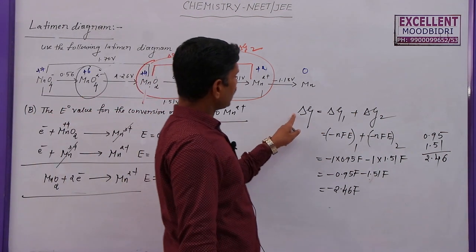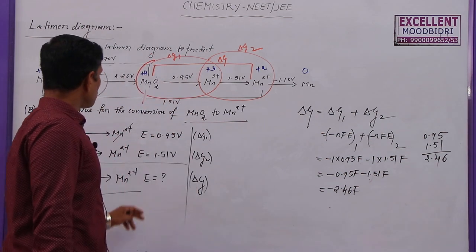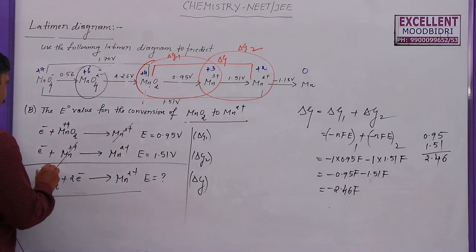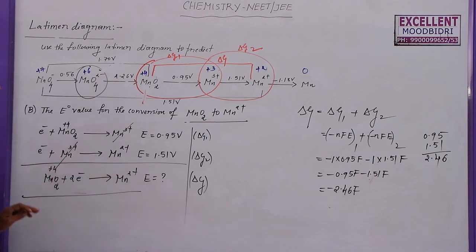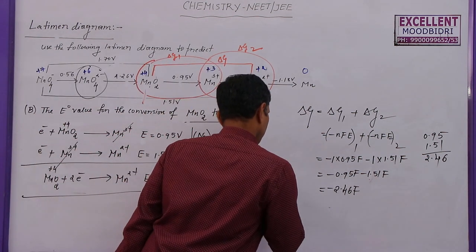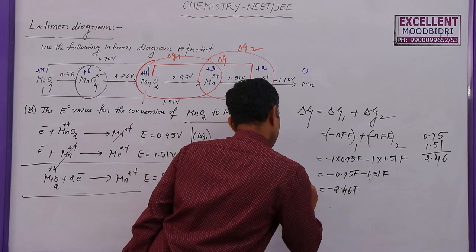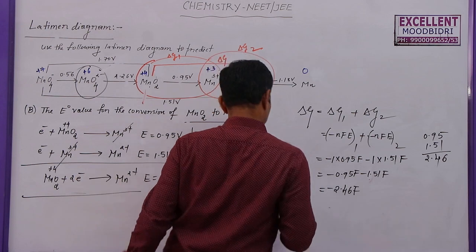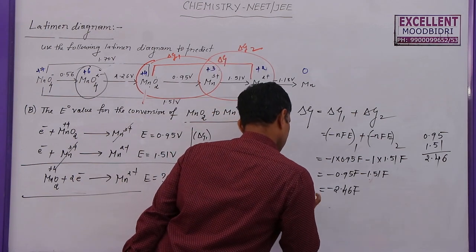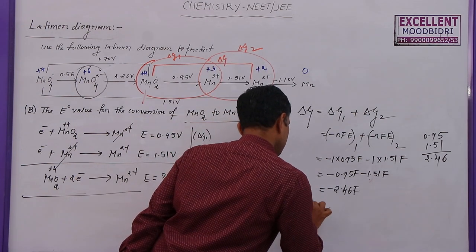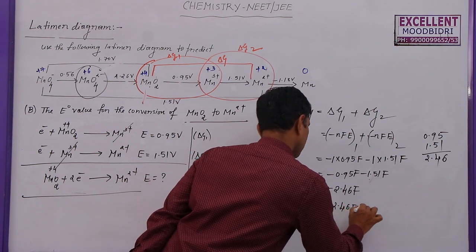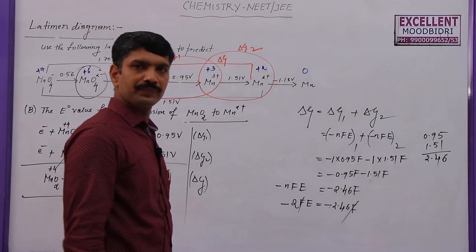But what is delta G? Delta G is for the conversion of this one, plus 4 to plus 2. The same formula, minus nFE. What is the number of electrons transferred here? 2. So minus 2FE is equal to minus 2.46 F. So F is cancelled.